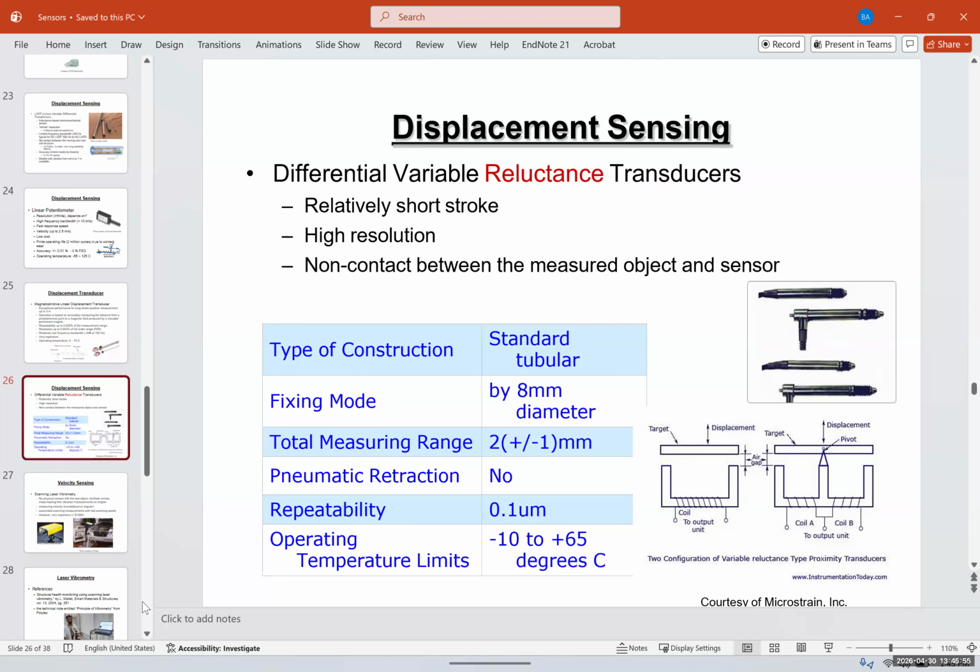Another type is called the differential variable reluctance transducers. They are relatively short stroke, high resolution, and they are non-contact between the measured object and the sensor. And the way that they work, again, you have a coil. It works on the magnetic field principles. The closer you get to that coil, the metal, you're going to have higher current induced.